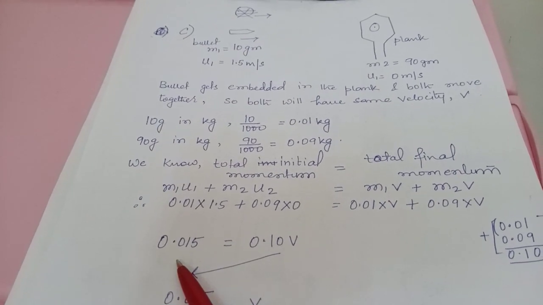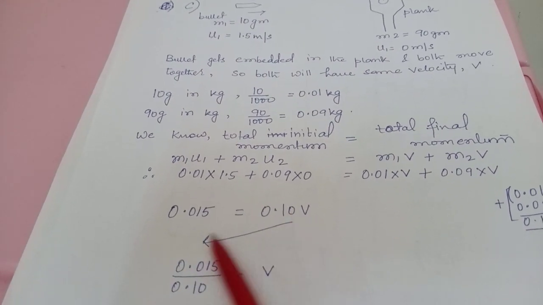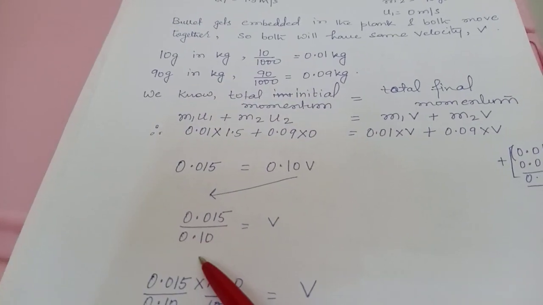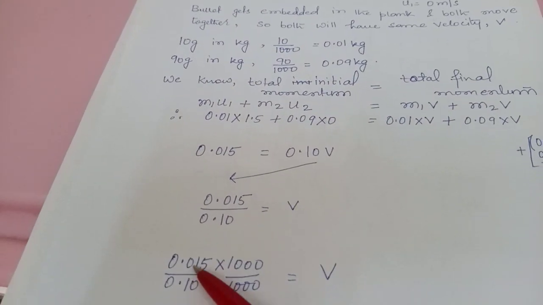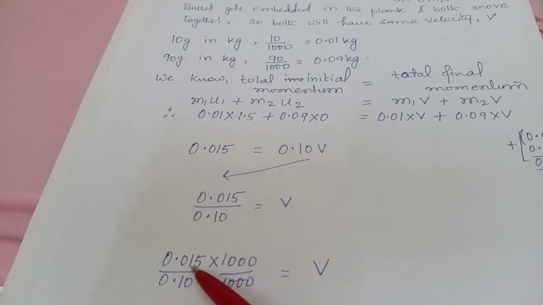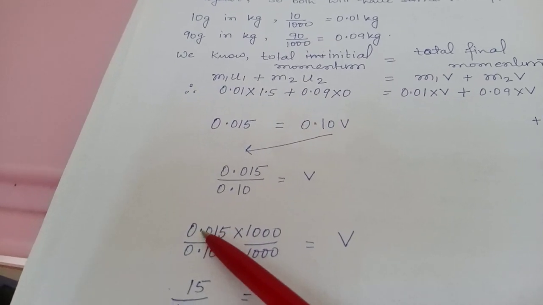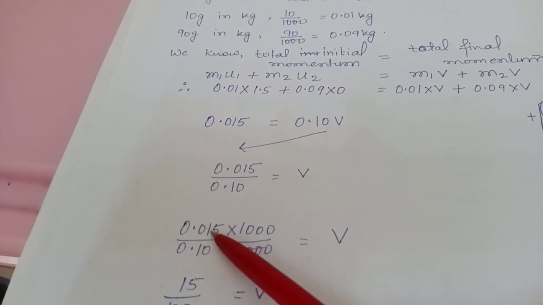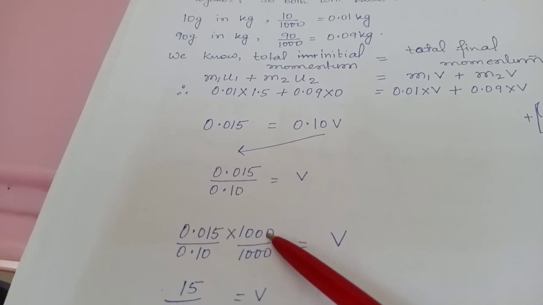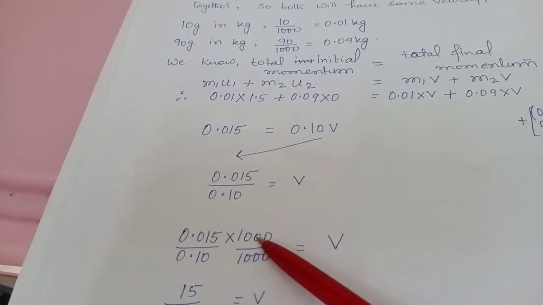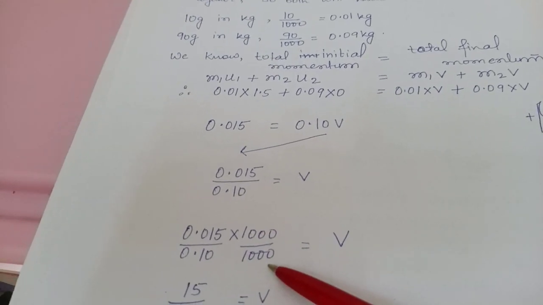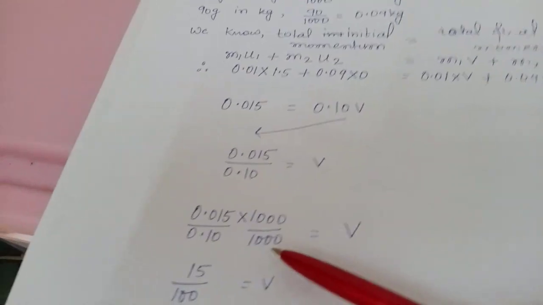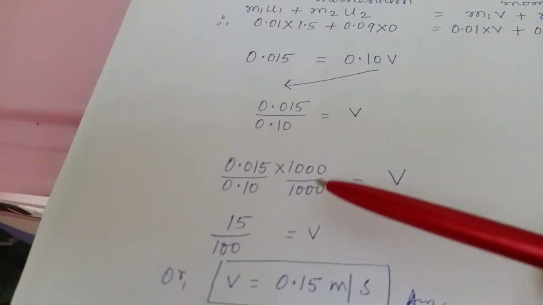Now cross multiply, because anything in multiplication will go into division. Now to remove the decimal here, with how much do we have to multiply? How many digits are there? 3 digits. So I have multiplied by 1000. If I am multiplying here, then down also I have to multiply. Like this only you have done it in maths. That's why I have solved it like this.